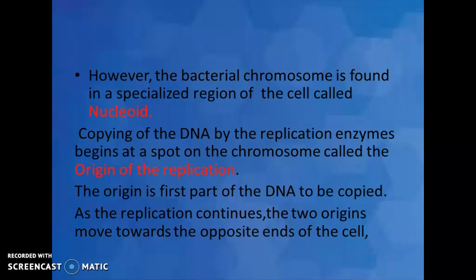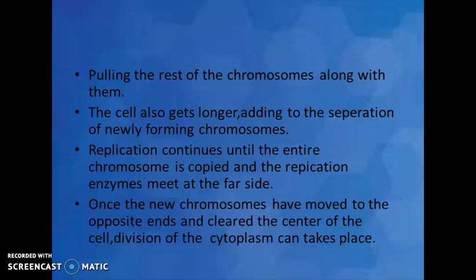As the replication continues, two origins move towards the opposite ends of the cell, pulling the rest of the chromosomes along with them.